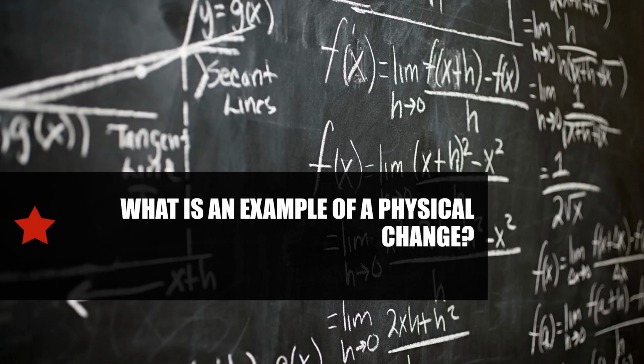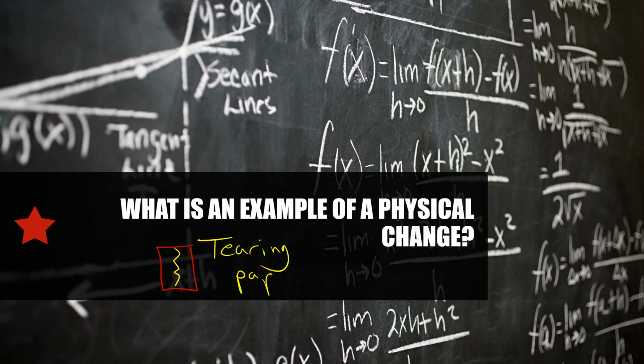Okay, what is an example of a physical change? Well, guys, I just gave you one. Let's give you another one. Like I took the ice and I made it from the water. Another example would be if you had a sheet of paper and you just tore it into two pieces. That is going to be a physical change because that is a change in the size of something.